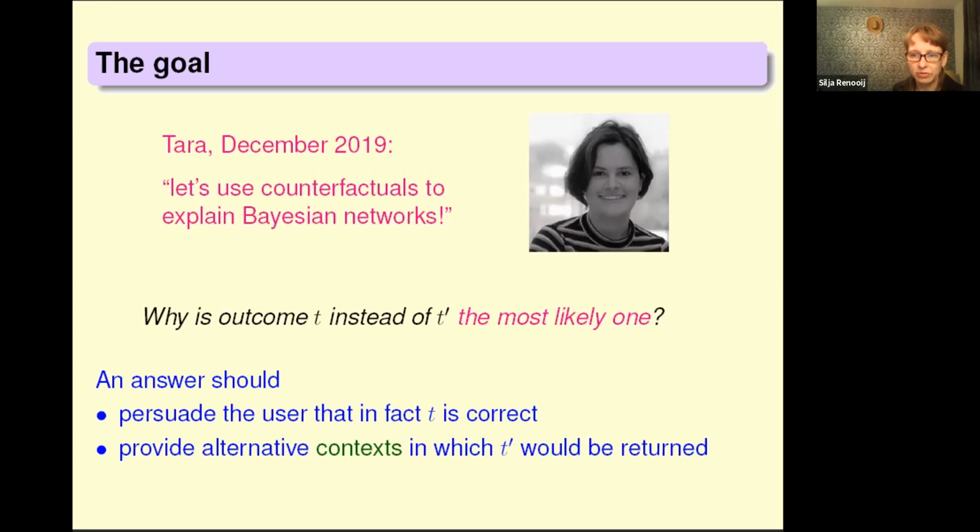An answer to this question, we thought, was one that on the one hand should persuade the user that the output t that the model gives is the correct outcome, the correct prediction for the observed input. On the other hand, it should also provide alternative contexts in which t prime would be returned.